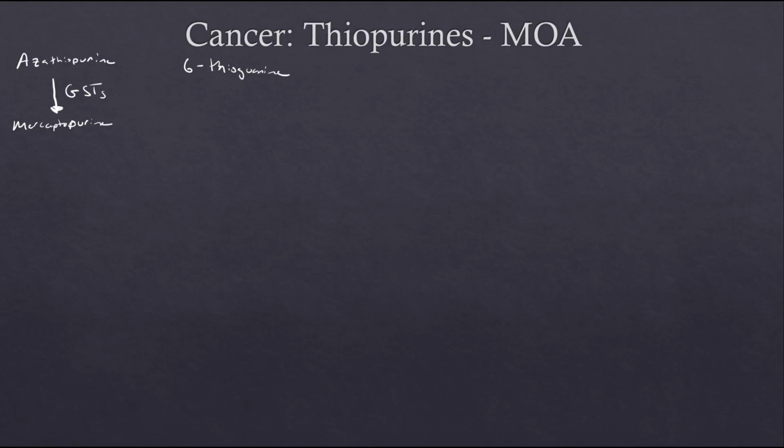Azathioprine and mercaptopurine are related in that azathioprine is metabolized by glutathione S transferases into mercaptopurine. And each of these thiopurines are transported into the cell by particular transporters that we've talked about many times so far called SLC transporters.